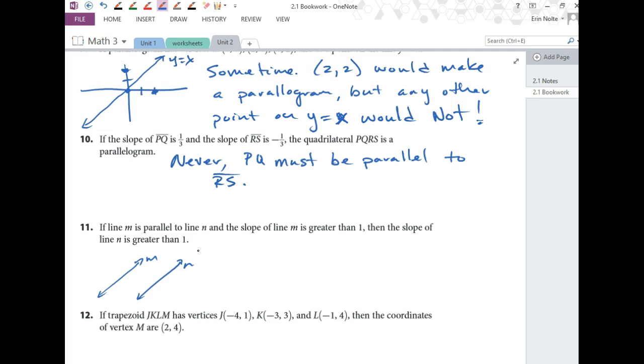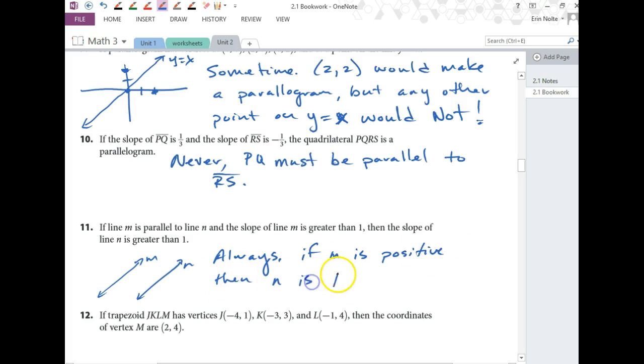Never? Always, right? They would always be exactly the same. So if one is positive, they for sure are both positive. Always. If M is positive, then N is the same. Always.